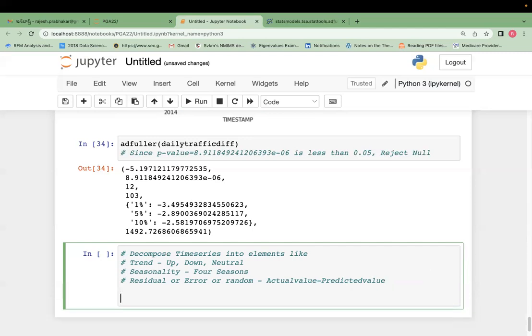There are 2 methods developed by 2 statisticians called Holt-Winters. Holt-Winters method of decomposition.